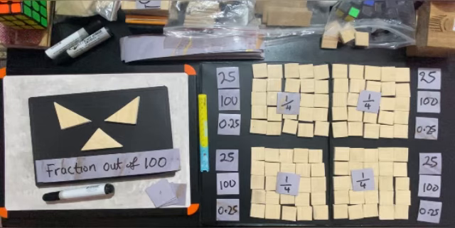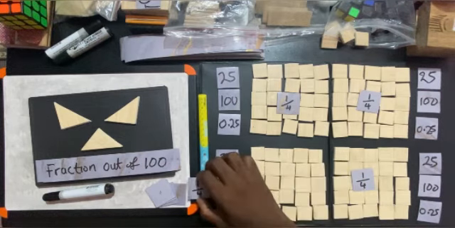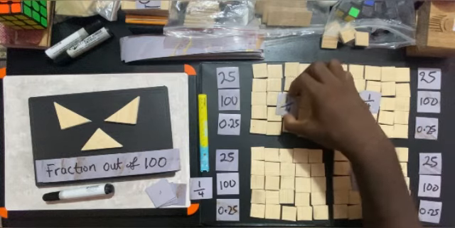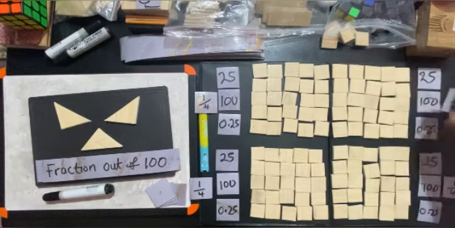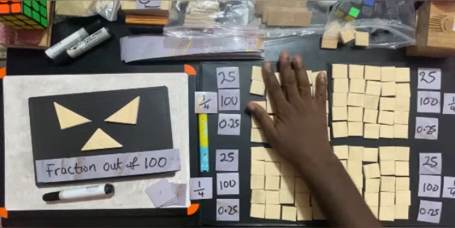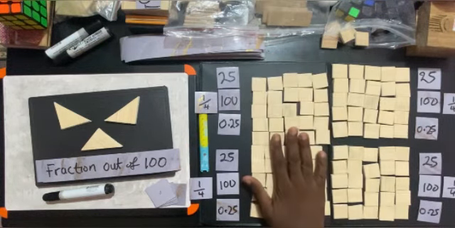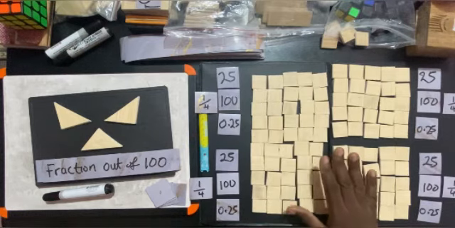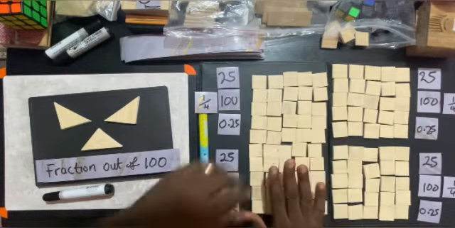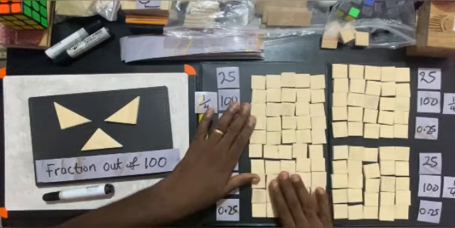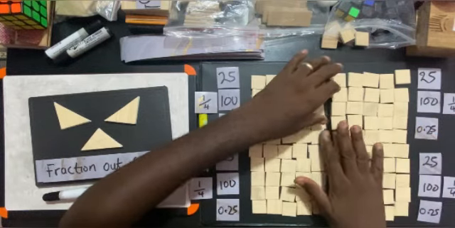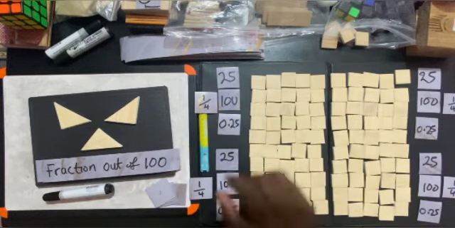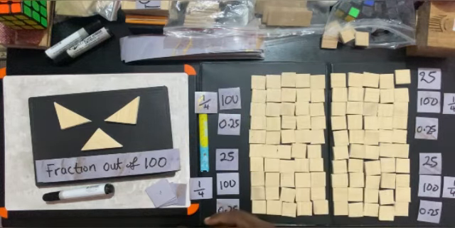So now we're going to play around with this. Let me place this here, this here, this here, and this here. So what happens if I put this together with this? If I put them together, and I put this together, so now you have no longer just 25.